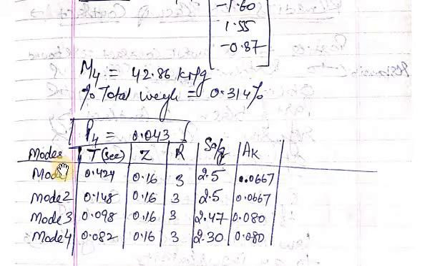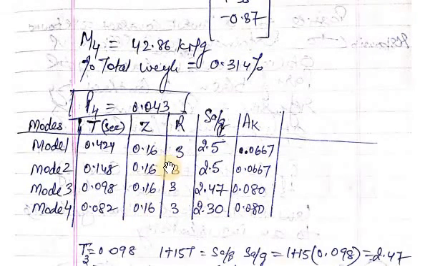Now here your modes: mode 1, mode 2, mode 3, mode 4. Then the values of T according to this are 0.424, 0.148, 0.098 and 0.082. These are the values that we have observed earlier. Then your Z remains constant, 0.16.